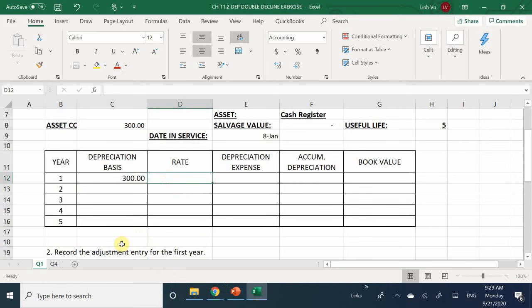It's 1 divided by 5 times 2, so I get 40%. And I'm going to apply that all the way down, because I know this part of my formula is going to stay the same.